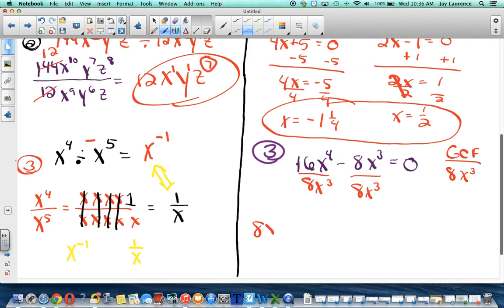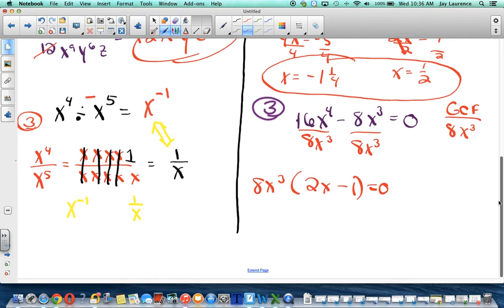So my GCF comes out front, and I'm going to have a 2x minus 1. Man, that's really familiar. It just keeps coming up. Too bad I can't play that on a lottery, because that number just keeps coming up all the time. I take the 2x minus 1 equal to 0. I'm not going to show all the steps, because you know by now x equals 1/2.